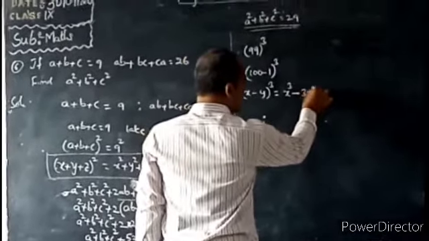This is the identity of x minus y whole cube. Now in place of x, what number exists here? 100. In place of y? 1. So (100 minus 1) whole cube is equal to 100 cube minus 3 into 100 square.